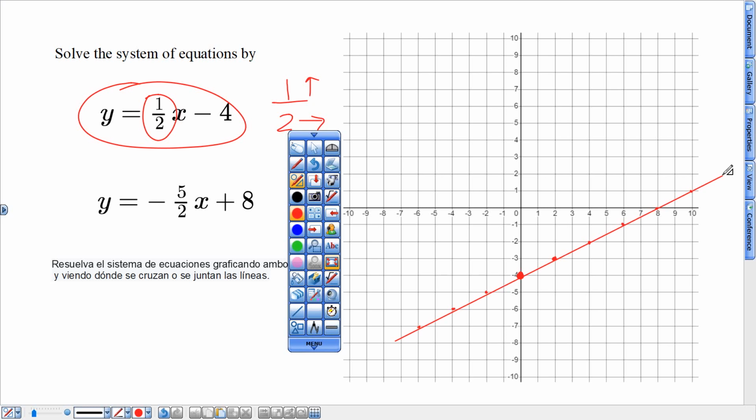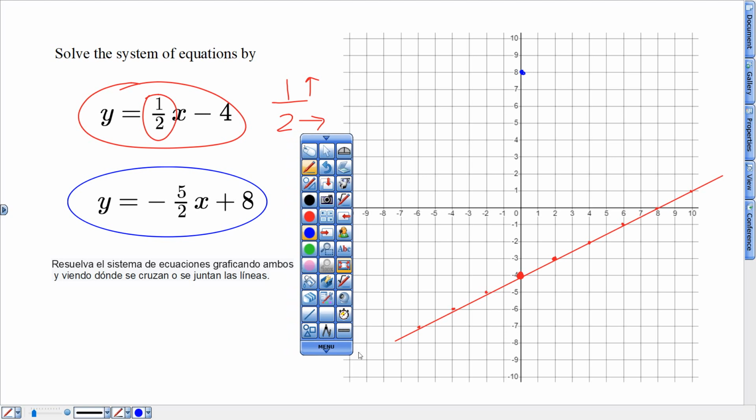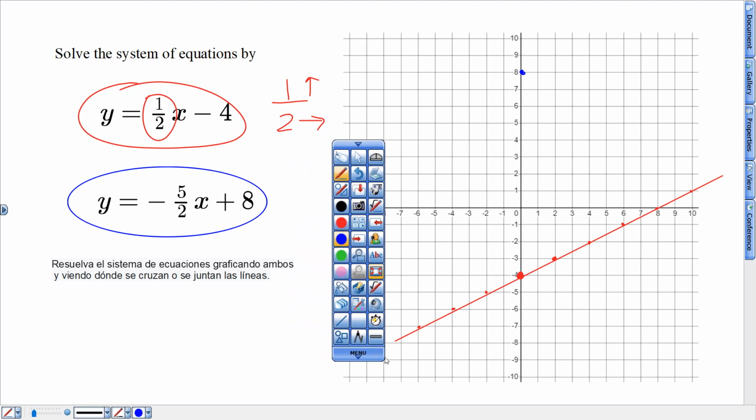All right, next equation in blue here, starting at that +8 on the y-axis. So go up to 8, and then that -5/2. What that's telling me is, and I'm having you put that negative up on top, every time I go right 2, I'm going down 5 boxes. That's what that pattern is.